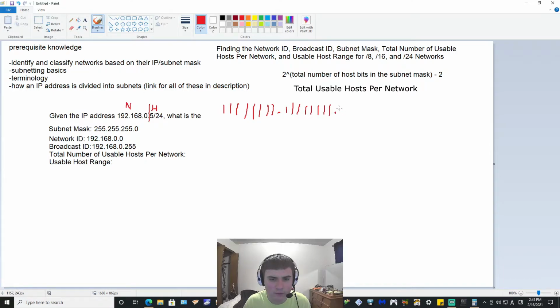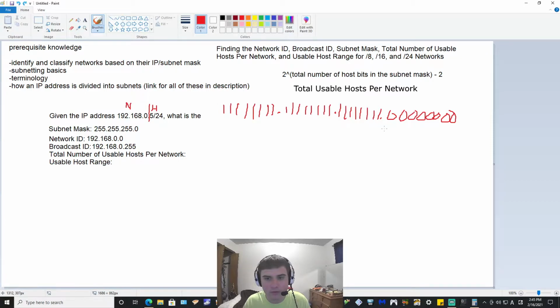So that's 255. And then for our last octet in the subnet mask, for 0, we have eight 0s. So this is our whole subnet mask written out in binary.